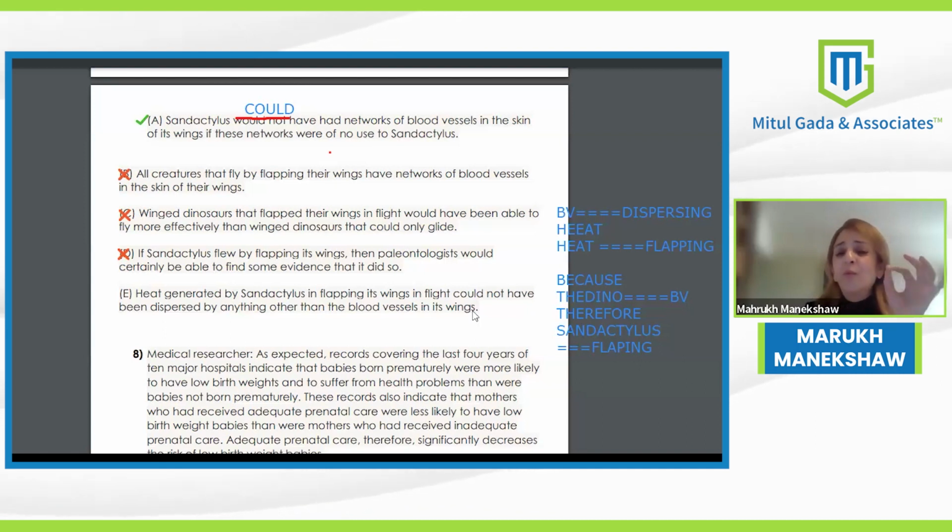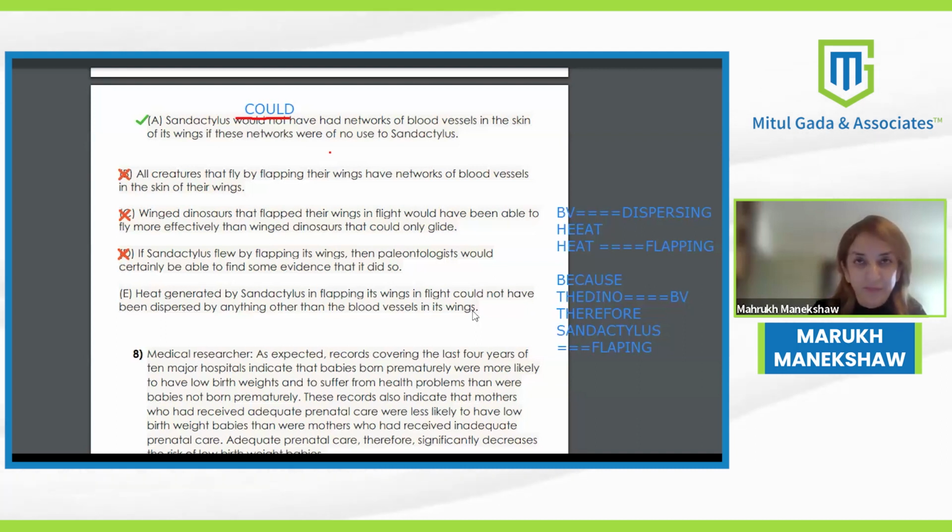All right. Now, when would E be the correct assumption? E would have been the correct assumption if the evidence had been that of flapping. So if we found dinosaurs flapping their wings and therefore said that they have blood vessels, then yes, it would mean that heat is generated.